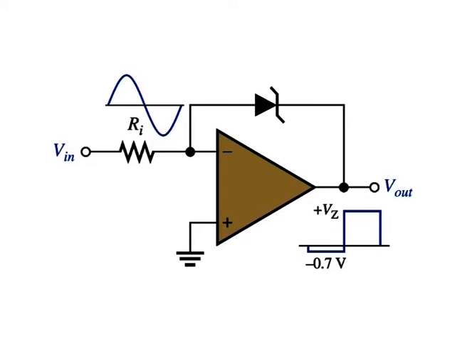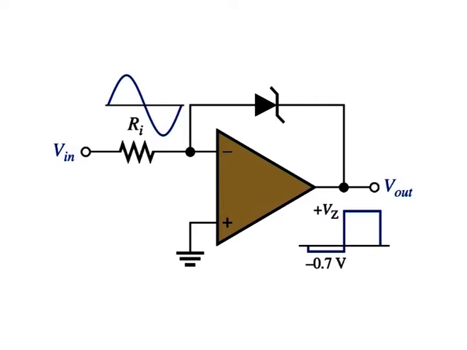Since the anode of the Zener is connected to the inverting input, it is at virtual ground. Therefore, when the output voltage reaches a positive value equal to the Zener voltage, it limits at that value as illustrated in this figure.